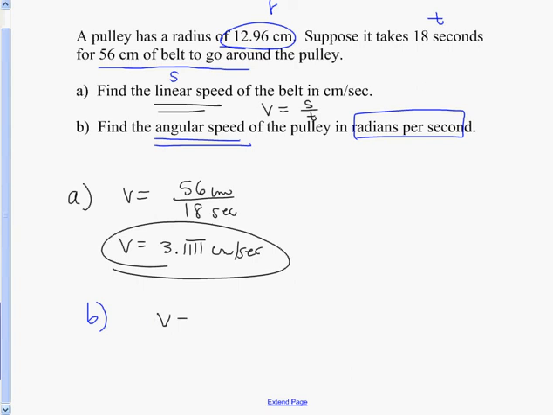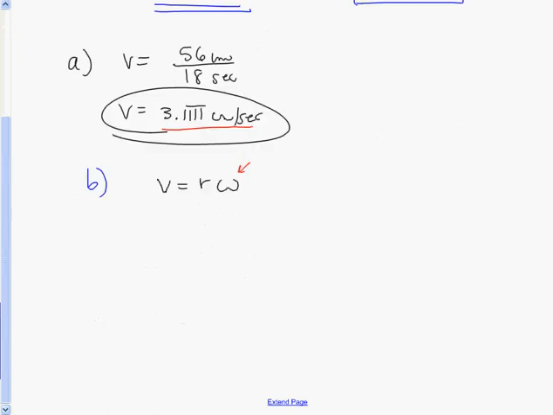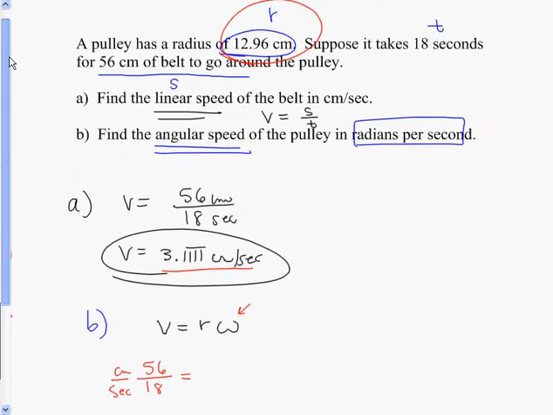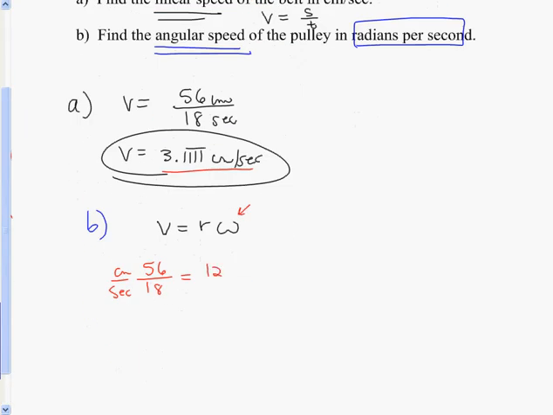I know that linear speed is r times angular speed, and I'm looking for angular speed, but I have this one and I have this. I can fill this in. This I'm going to rewrite as 56 over 18. These are centimeters per second. We'll see how our units come out. The radius is 12.96 centimeters, and I would really like to find angular speed.